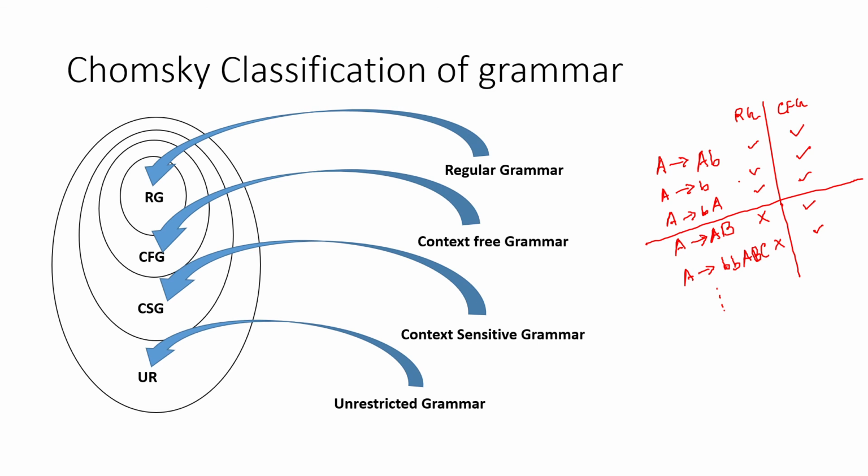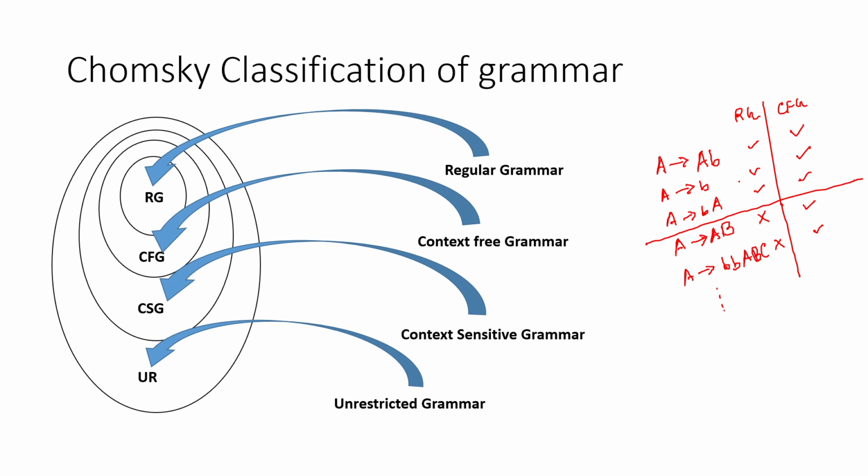Similarly, in case of context sensitive, it is also much more loosened. So all the context free grammar are context sensitive, but the context sensitive grammar may not be regular. And a similar situation for unrestricted also.